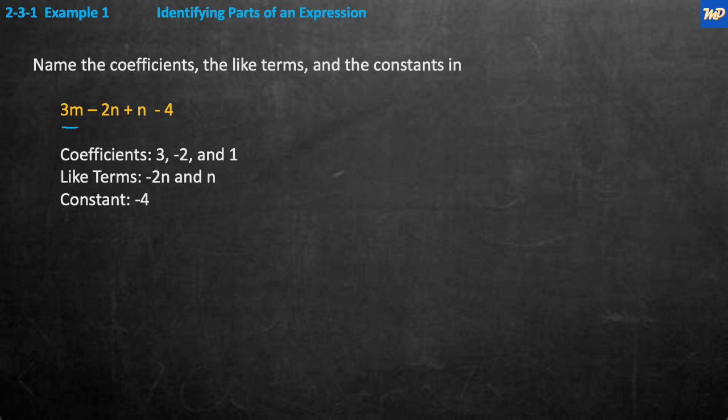The coefficients are the numbers that sit in front of the variable terms. If you rewrite it, we have 3m, plus the quantity negative 2n, plus n, plus the quantity negative 4.